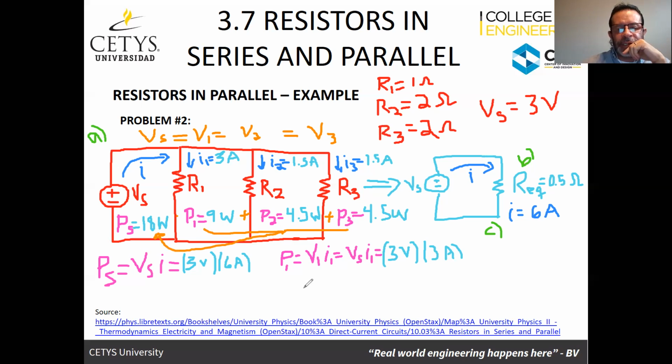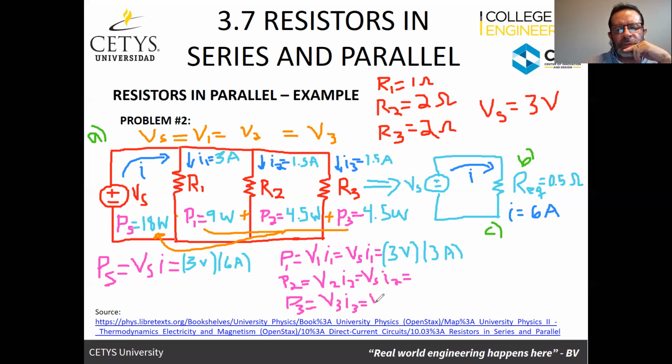But if we do the calculation anyway, power 2 is going to be equal to voltage 2 times current 2, which is the voltage of the source multiplied by current 2. Power 3 is actually going to be the same. It's going to be voltage 3 multiplied by current 3.